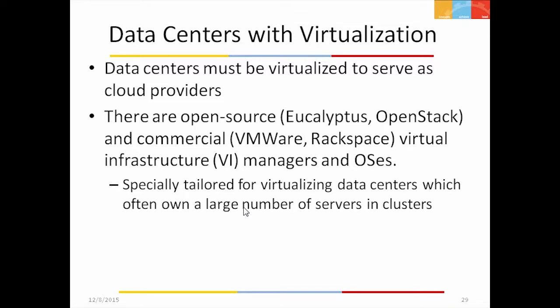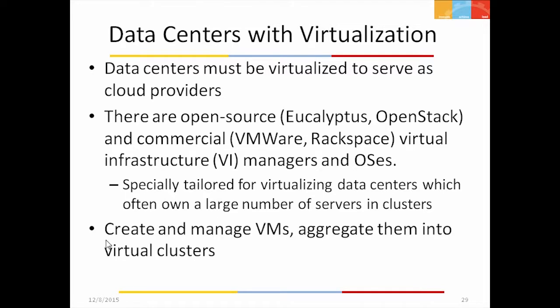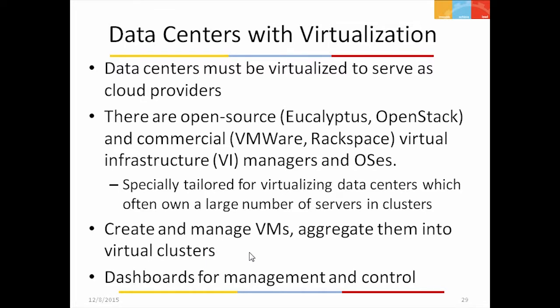The open source softwares are Eucalyptus and OpenStack, and the commercial ones are VMware and Rackspace, two popular ones. The role of this software is to create and manage VMs, and aggregate the VMs to form a virtual cluster. It then provides a dashboard for management and control of the entire data center.